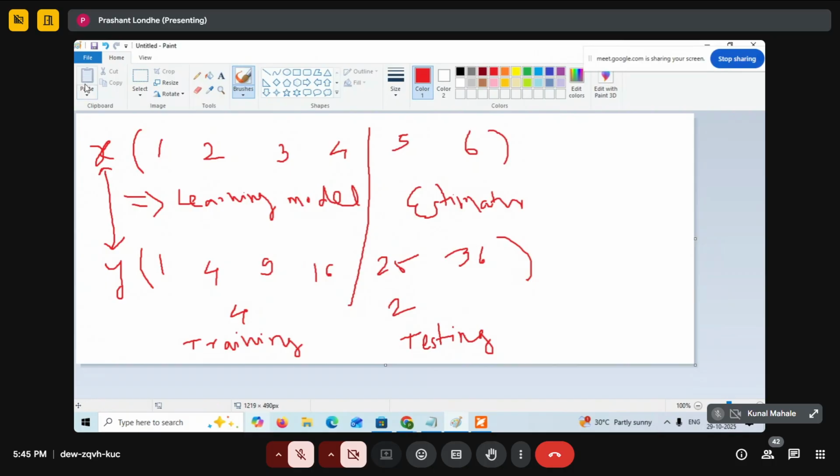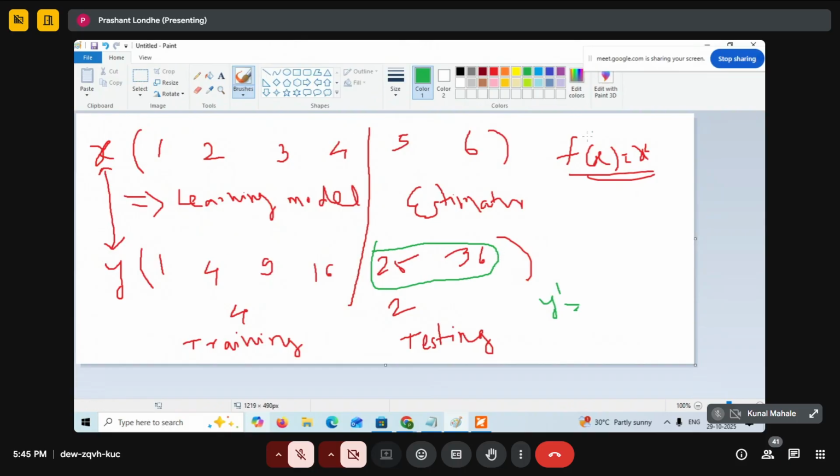If you look closely, y is the square of x. So I will define my function f(x) = x². This is my learning model. I will discard these two numbers and not use them. Instead, I will calculate a new value y' using the learning model, so that I can find the accuracy of the model.